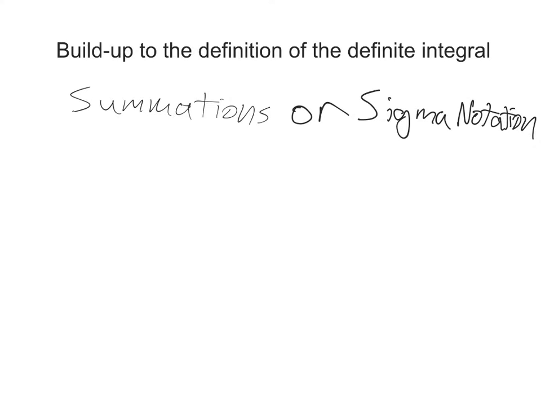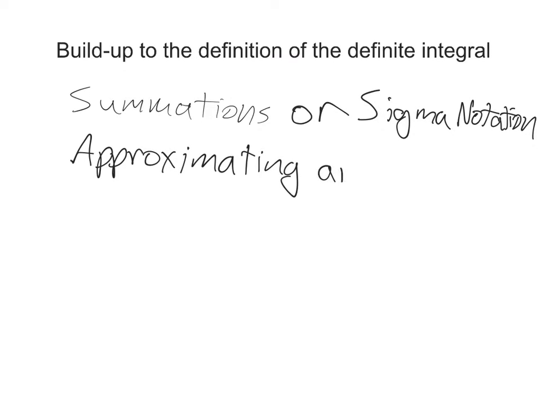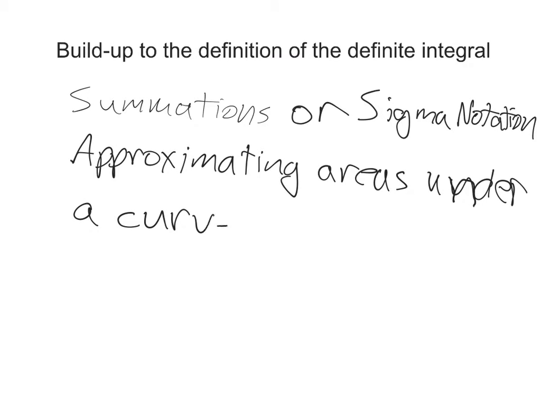And then we'll also be looking at approximating areas under a curve given by a function, say y equals f of x, maybe x squared or square root of x plus 1, something like that.